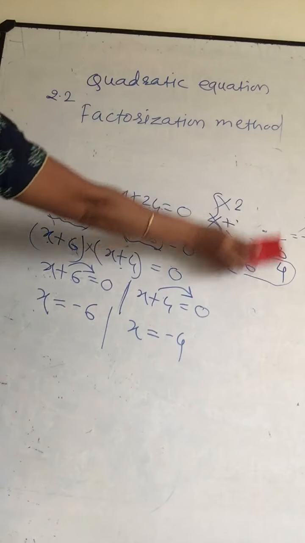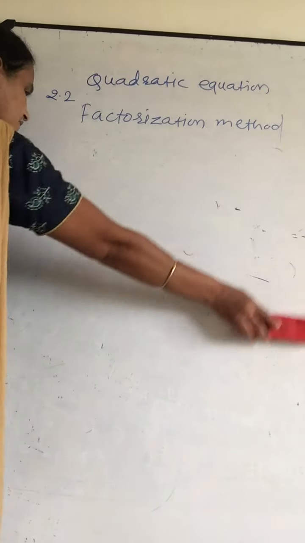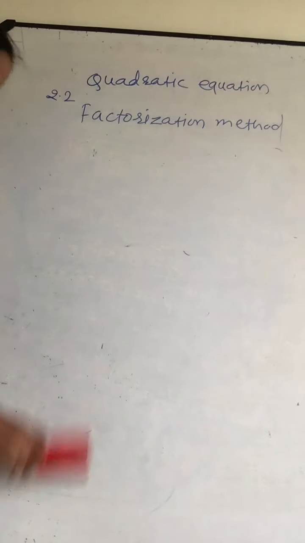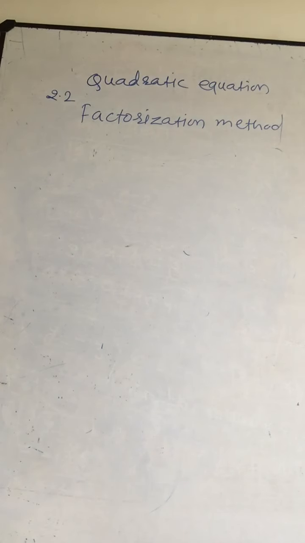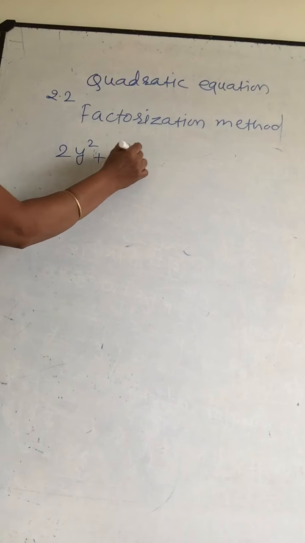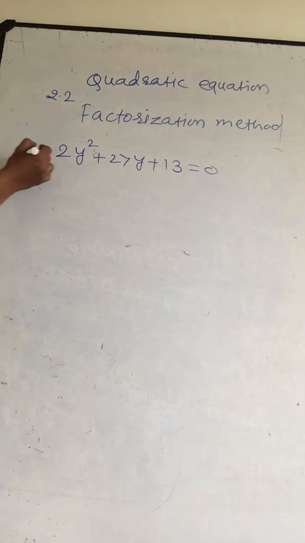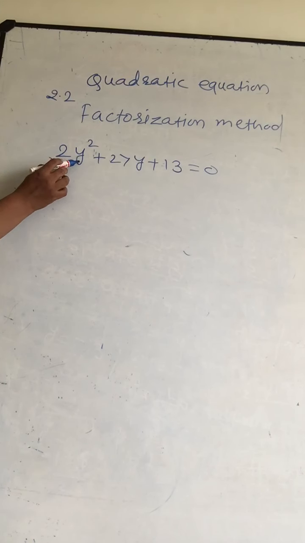Now if the coefficient of x square is other than 1, then what will be done? The equation is 2y square plus 27y plus 13 is equal to 0. Now here 2 is the coefficient other than 1. 2 is the coefficient of this y square.